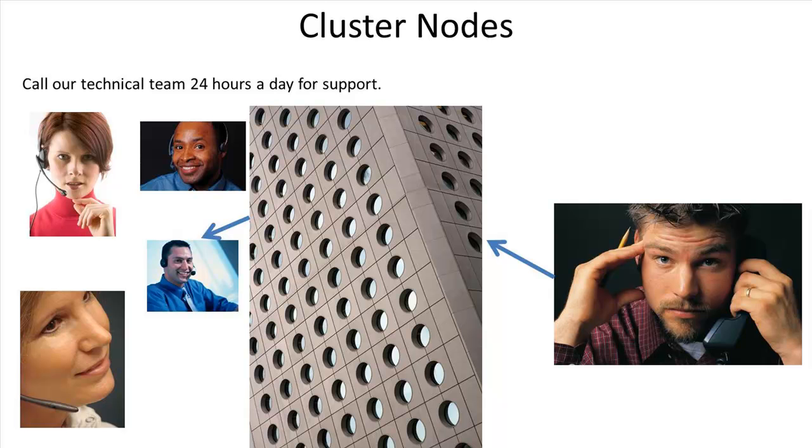The helpline that you can call is 24/7 and is really a cluster of support professionals. One support professional is no longer available, but another takes their place. Naturally, we call this a shift change in the human resource world, but in the world of computer and high availability terminology, this is known as a failover. At the end of the shift, one technician fails over for another to take their place.